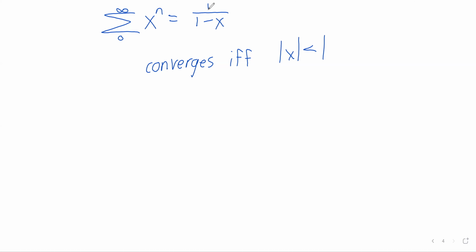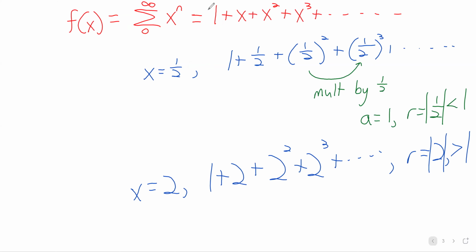It converges to a divided by 1 minus r. Here, r is x. When we let x be 2, r was 2. When we let x be 1/2, r is 1/2. And a is the starting value. A is 1.